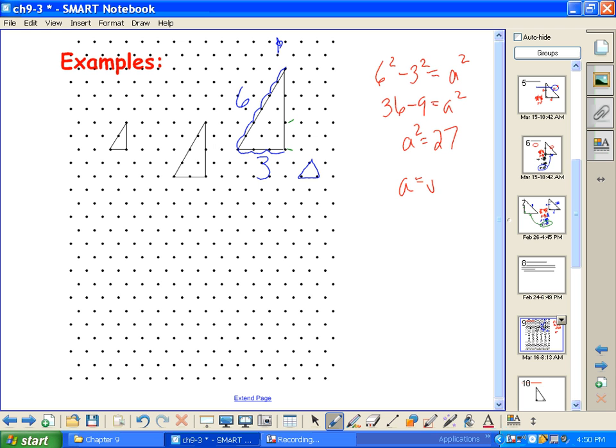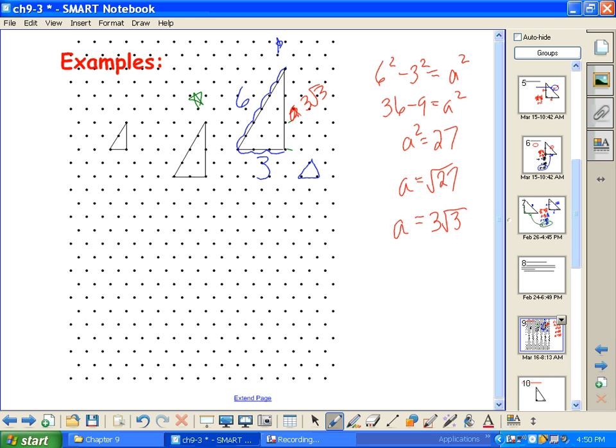So a is equal to radical 27. I know I can factor out a radical 9. So the square root of 9 is 3. That's what's going outside. And then under the radical still is another 3. So a is equal to 3 radical 3. That is the length of the longest leg. 3 radical 3. Okay, so now repeat this process for the next triangle.